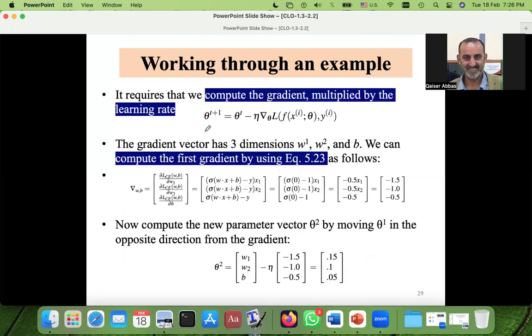This is our equation: theta t plus 1 equals theta t minus eta times the gradient of the loss of y cap comma yi. I am calling it y cap for short, because I don't want to say f of xi semicolon theta each time.